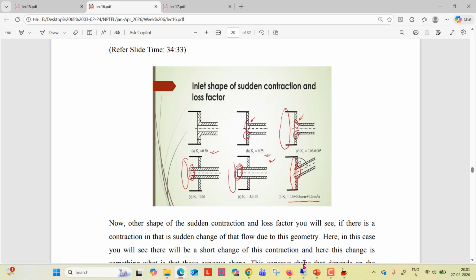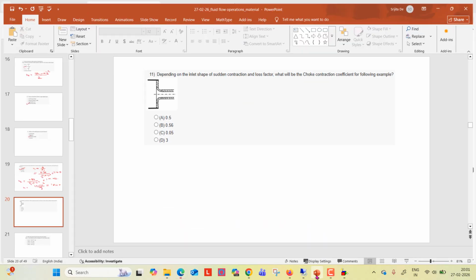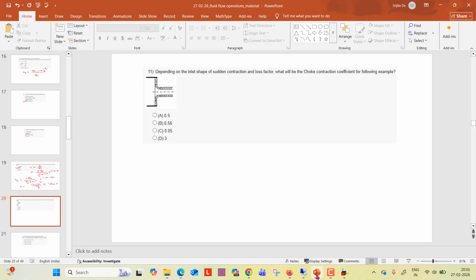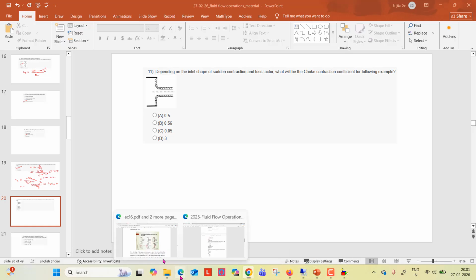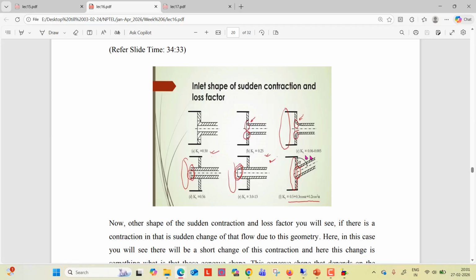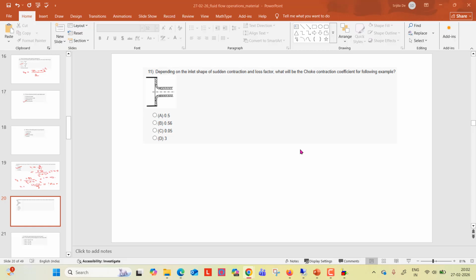Option C, right? So it is between 0.06 and 0.005, so it is almost around 0.05, right? Option C.